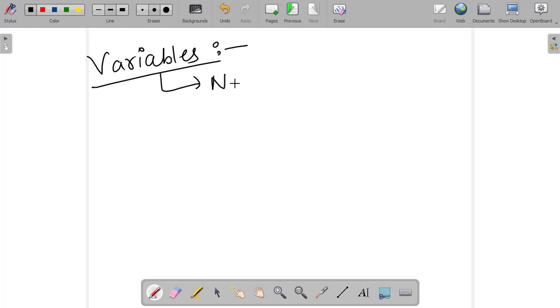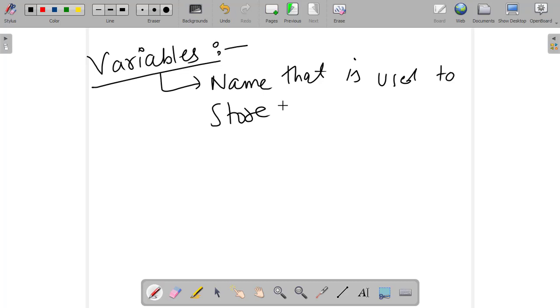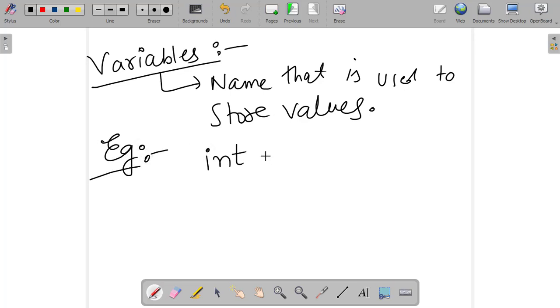Please remember, it is a name that is used to store values in memory. In computer memory, we have to specify the name for any particular thing that we want to store. So that can be identified using a variable. So I think it is clear. Like we can write here an example: int x.